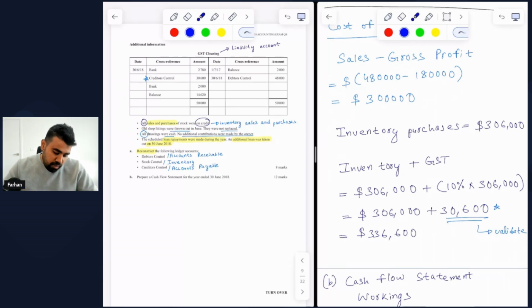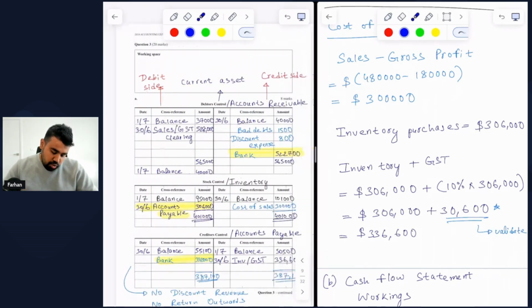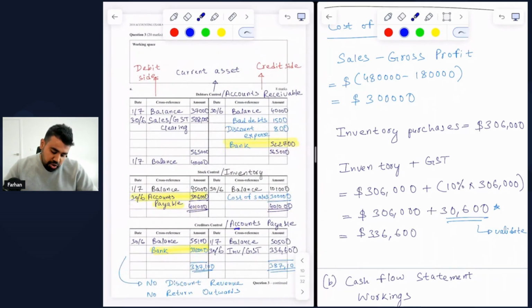All right, now if we go back to the accounts payable ledger account, you have seen that we included the opening balance on the credit side and the closing balance on the debit side. The reason we included the opening balance on the credit side is because this is a liability account, and liabilities by default are always credited, which means when they increase, we credit them, and when they decrease, we debit them.